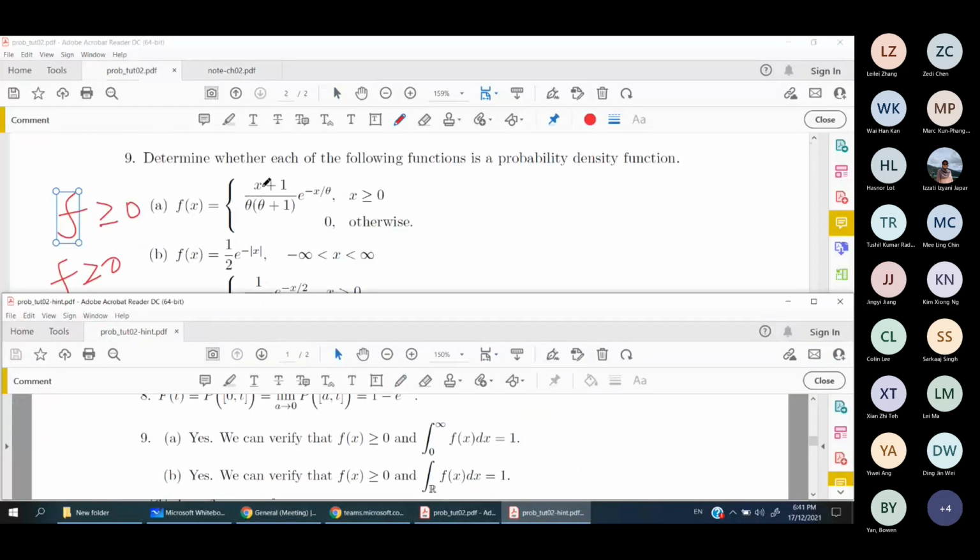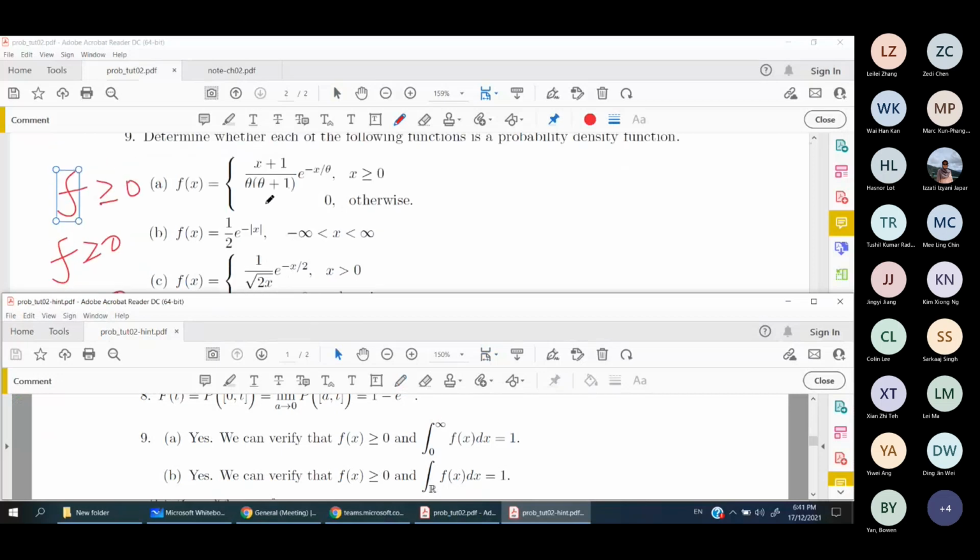Okay, the first one, f is this. First of all, f is non-negative, and we can verify this is equal to 1. The reason is from negative infinity to 0, the value is 0, so we just need to integrate from 0 to infinity. So this is 1. Yes, the answer is yes. You just need to use integration by parts, the standard calculus technique, to verify it.